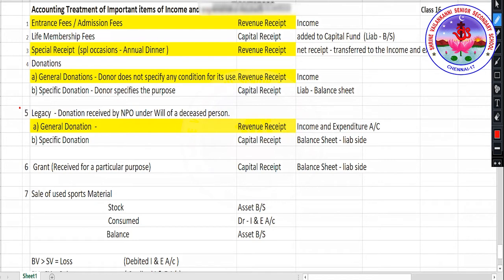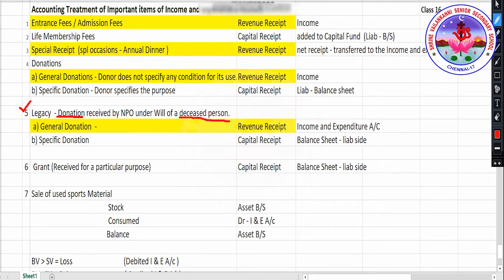Legacy is like a donation received by a not for profit organization under the will of a deceased person, meaning the person who has died. The person writes a will and then passes away, and that is called a legacy. This donation, otherwise called legacy, can be of two types: general donation and specific donation.